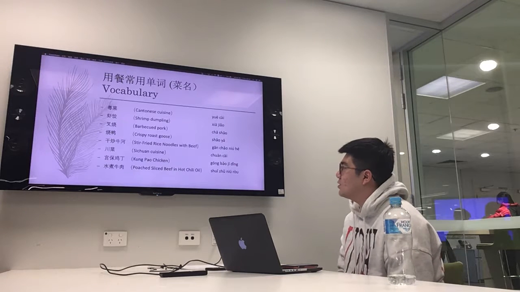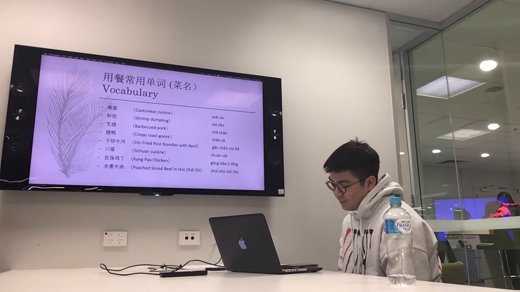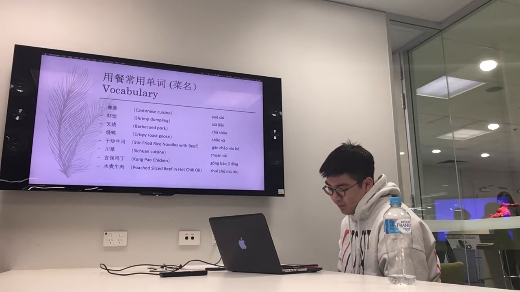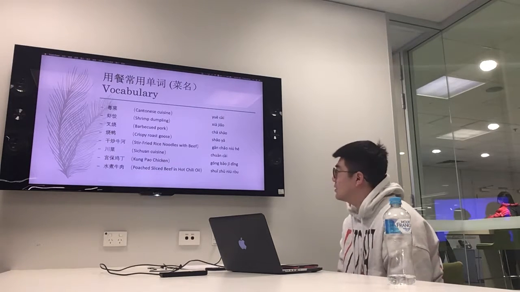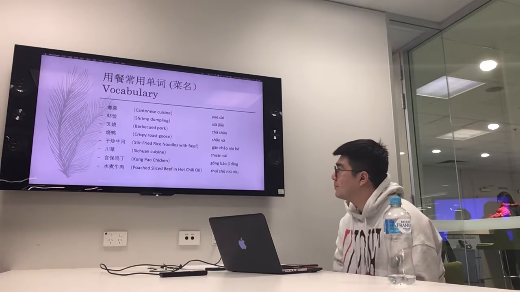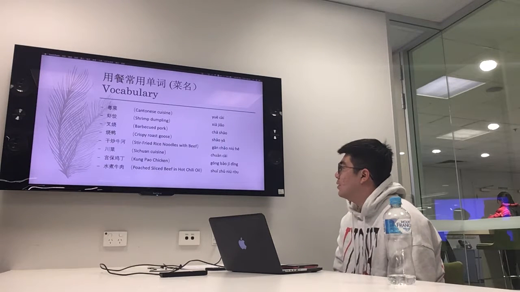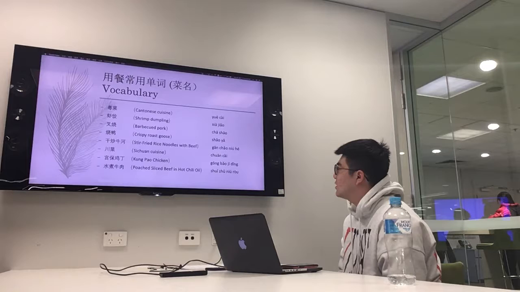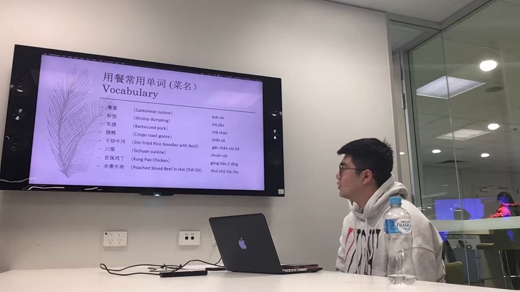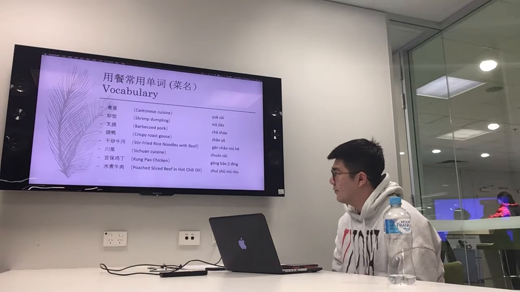The pronunciation of shrimp dumpling is 虾饺. It's a very famous dim sum, similar to a traditional dumpling and including shrimp. The pronunciation of barbecue pork and crispy roast goose is 叉烧 and 烧鸭, which is also my favorite food.